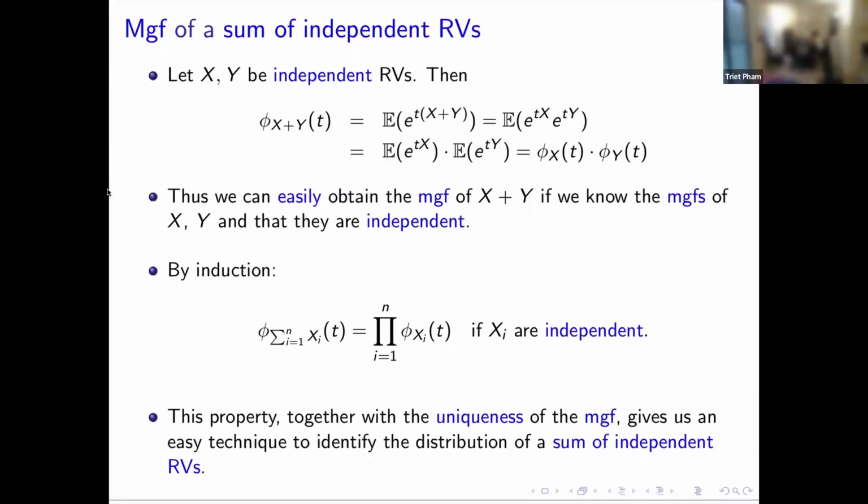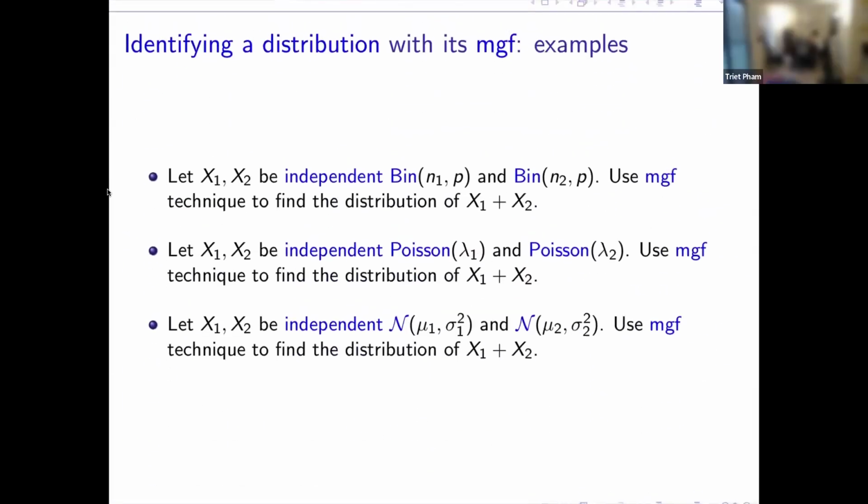So let's use this to establish these three most common results. When you sum independent binomials with the same success probability, you get a binomial back.